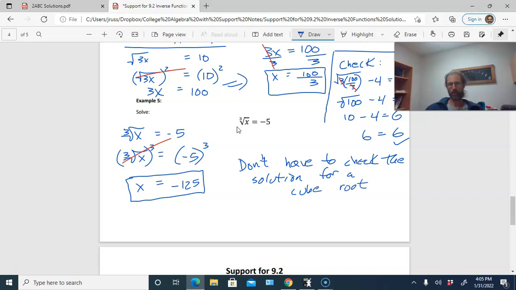Because with a cube root, it's okay to get a negative under the radical. Because you can actually take the cube root of a negative number. It's just another negative number.